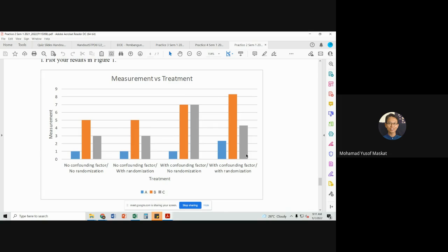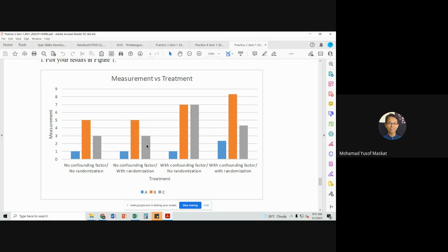If we compare this with the actual results, we still do not get the actual values, but you can see that the trend is similar, compared to this one, which is totally different. This is just to show you that if you do randomization, then we will get a better estimation of the actual results.